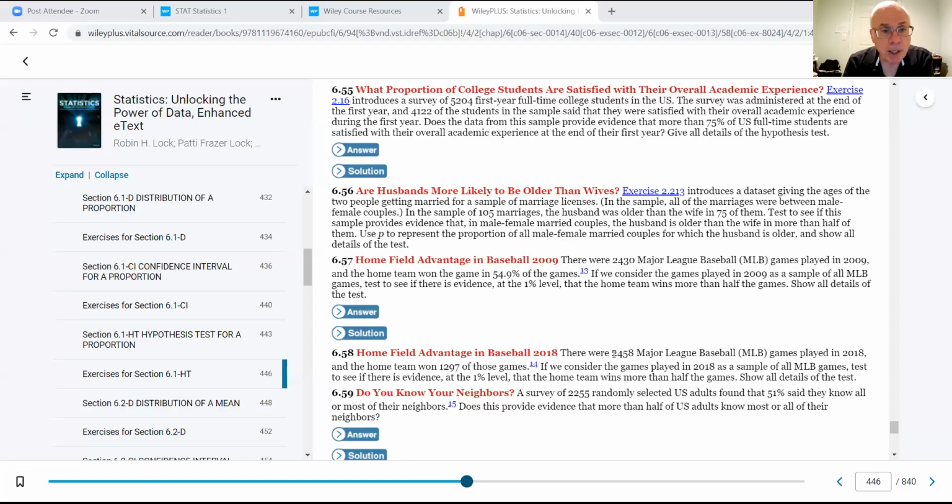And remember, in this particular question, 6.55, they give us that 4,122 out of the 5,204 said that they were satisfied. So we need to calculate the sample proportion, and then, like we did before, we'll store it in the letter S, which stands for sample proportion. This is something I decided to do. All right, so let's do that.